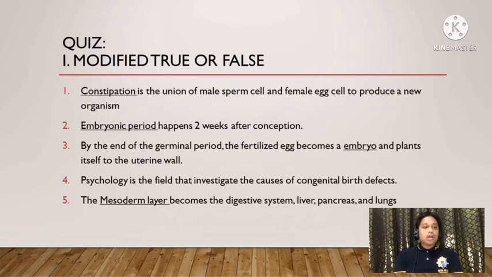Number 5, the mesoderm layer becomes the digestive system, liver, pancreas, and lungs. I repeat, the mesoderm layer becomes the digestive system, liver, pancreas, and lungs. The underlined word there is mesoderm layer.